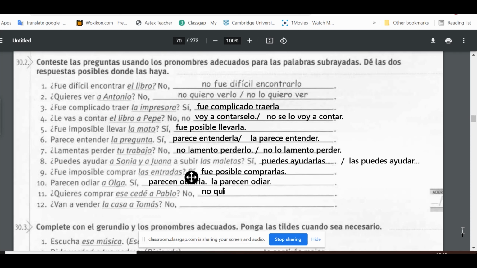So there are two things. "¿Quieres comprar?" No, okay. "No quiero..." Pablo is the "le." "No lo quiero comprar." Okay, and the other way?